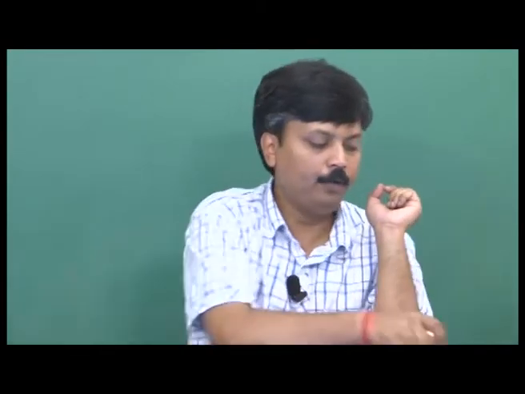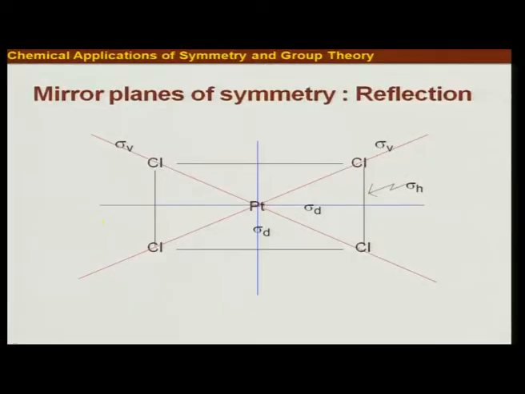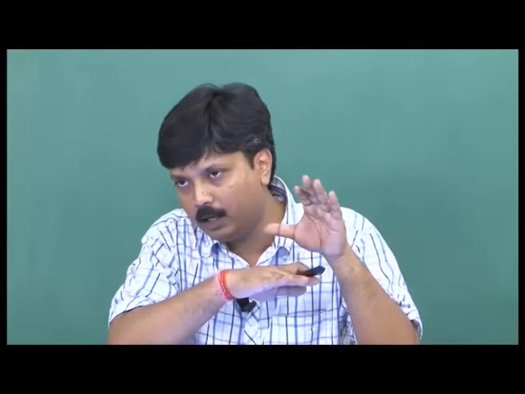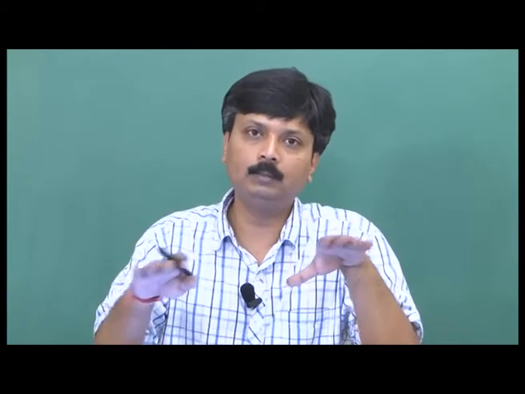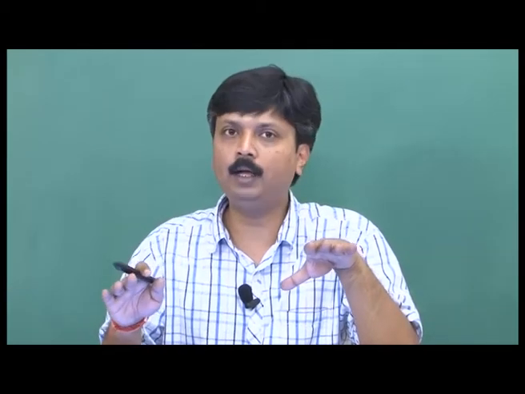So here, if you have a look on your screen, you can see there can be a mirror plane which contains all the chlorine atoms and the platinum atom, meaning that the molecular plane itself can act as a symmetry plane, because the molecular plane will cut all the atoms into half. So you can get a symmetry plane, and that will be a sigma H.